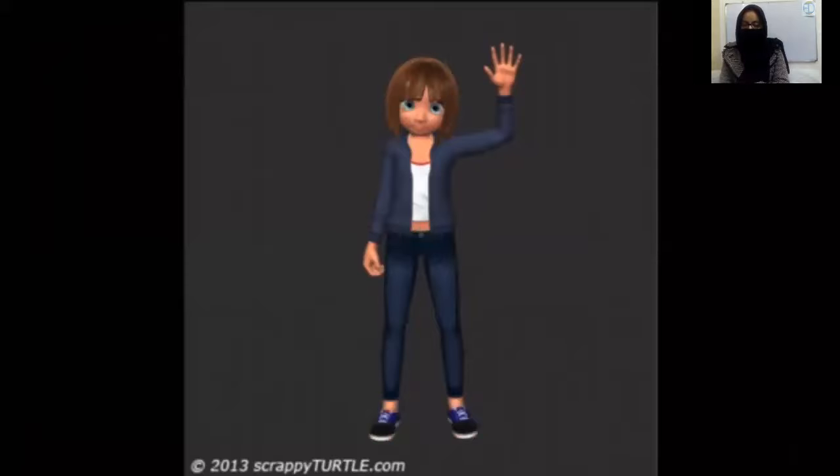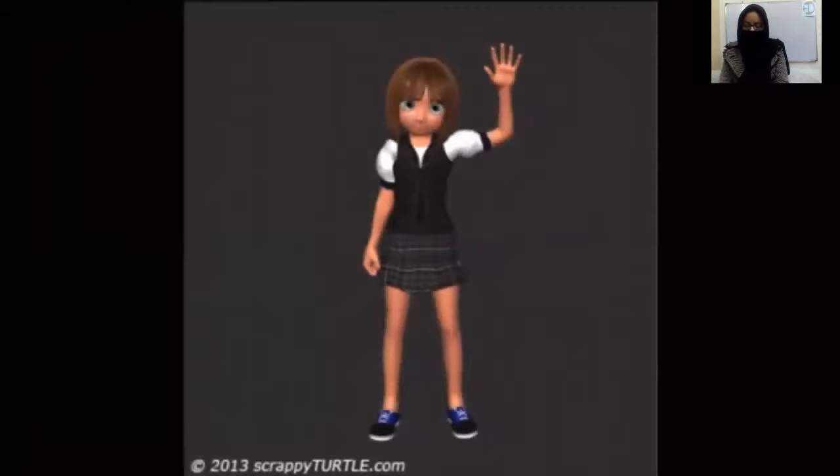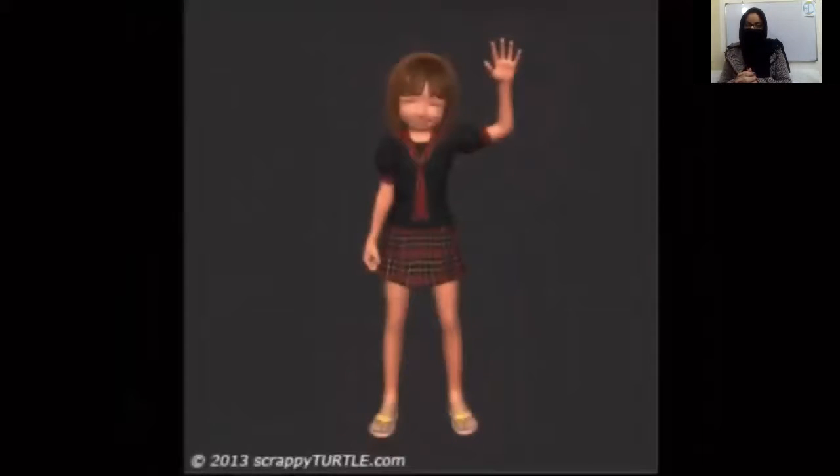Or these shoes, black shoes, or the skirt. which is my stripe, and my inner shirt is white. Or this blue striped skirt, or this red striped skirt.